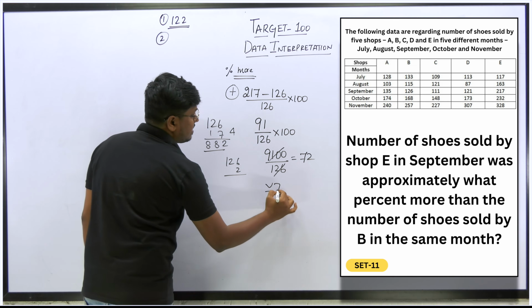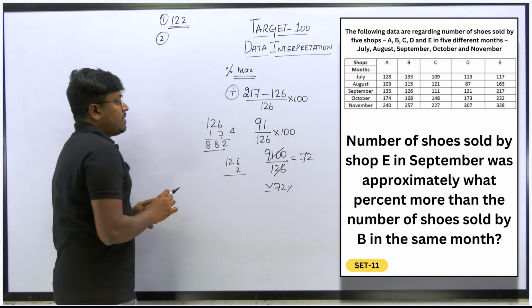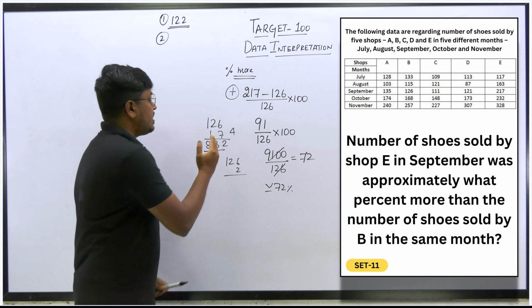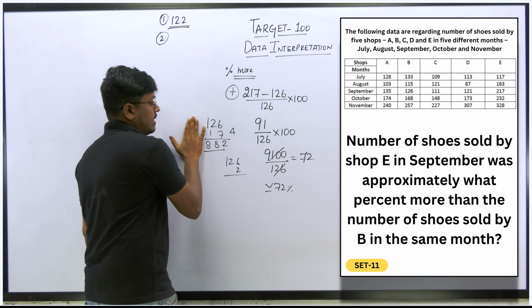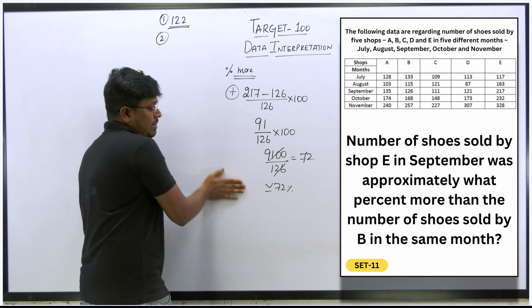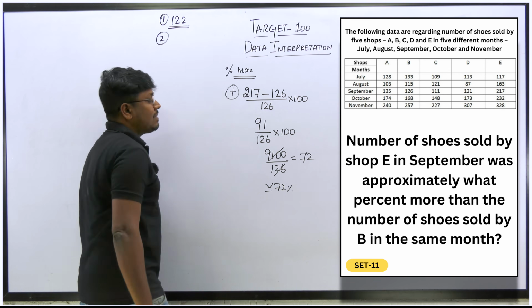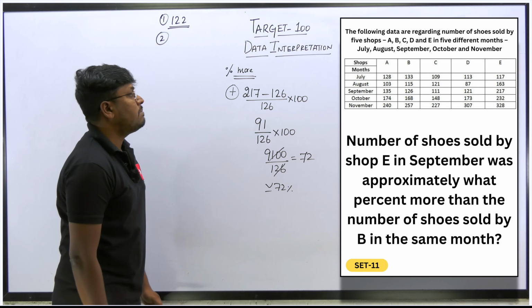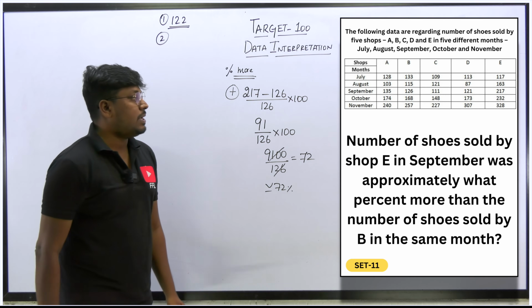Yes, we can say approximately 72%, because our target is to find an approximate value. So the answer for the question is approximately 72%. It goes on actually as point something, but you don't need to find an exact value because they have given an approximate answer. So the answer for question number 2 will be 72%.